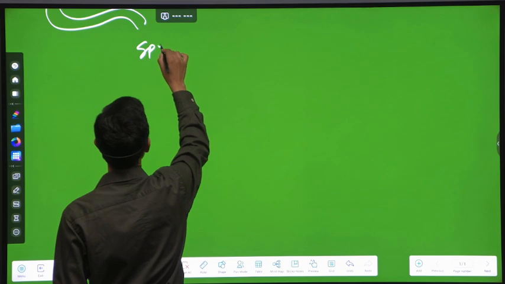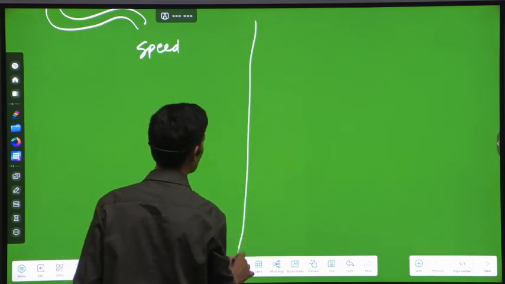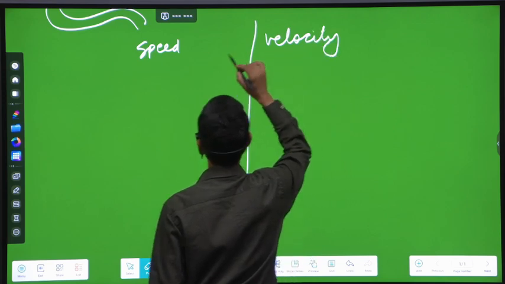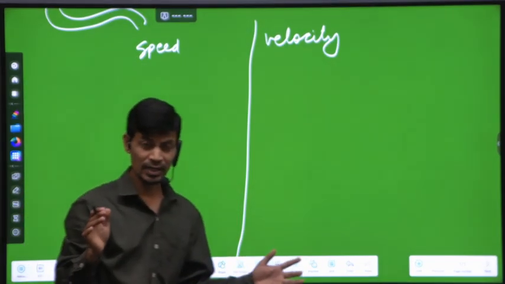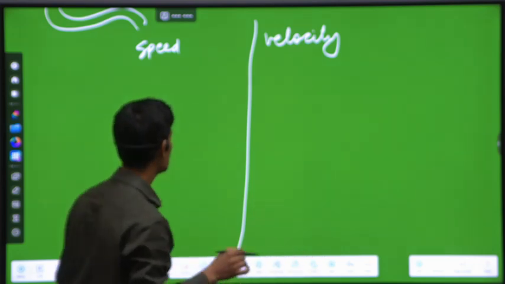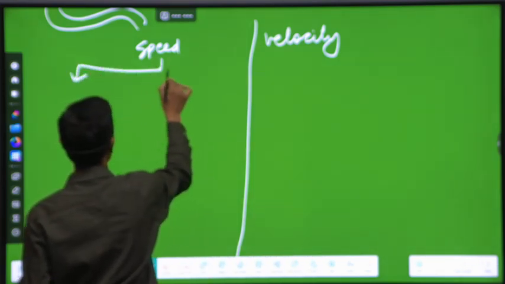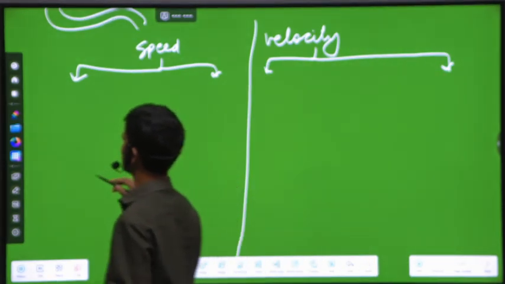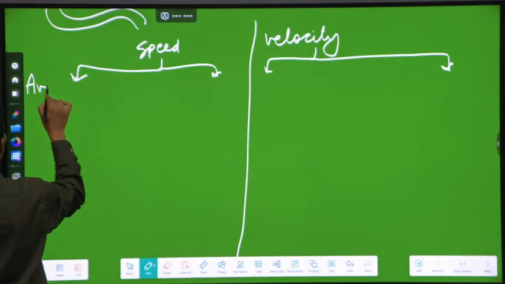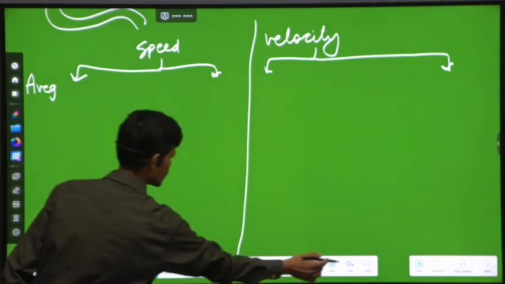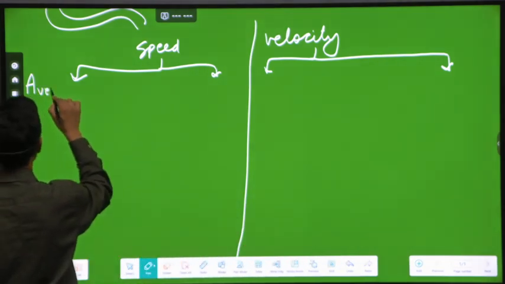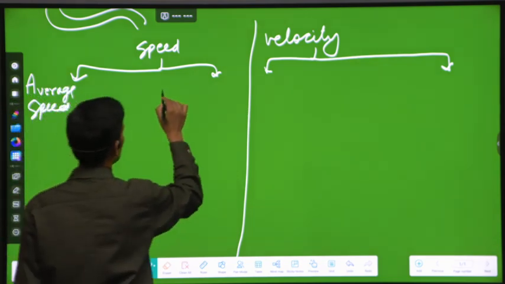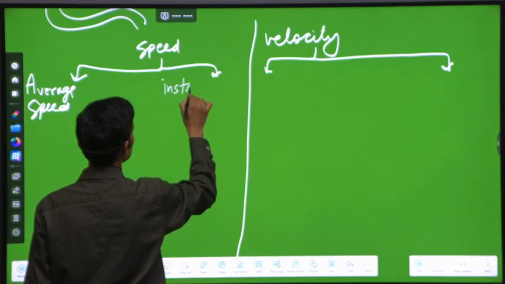Then there come speed and velocity. Before explaining speed and velocity, let's divide them into two categories. First, average speed and instantaneous speed.